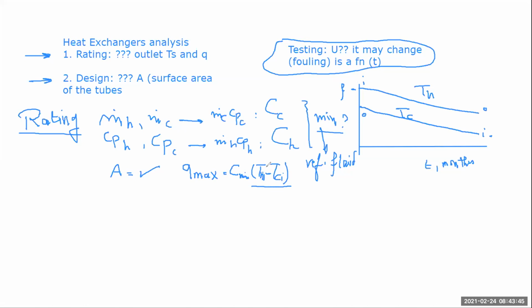For rating, as I mentioned above, what we are looking for is the actual heat transfer for that existing heat exchanger, and what the outlet temperatures are. Normally, you know the inlet temperatures. You have oil coming at, say, 100 degrees centigrade, and you need to cool it down with water at 25.